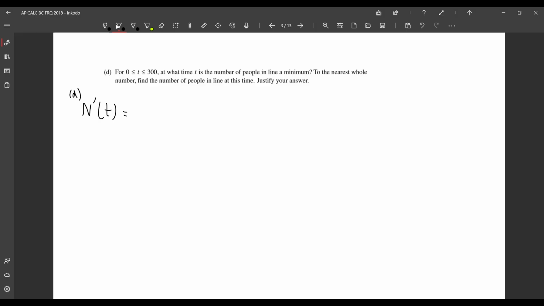So the change of people is r of t minus 0.7 n of t. I believe that is correct. So the change in my number of people is how many people are joining, minus the rate at which people are leaving.